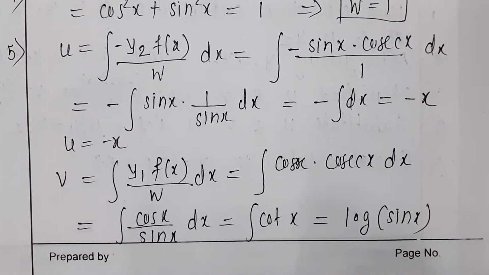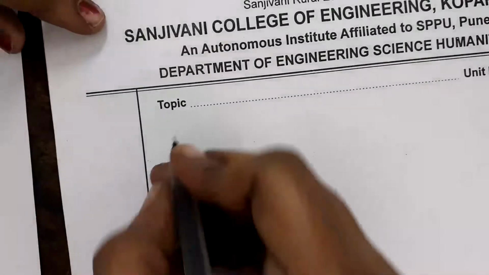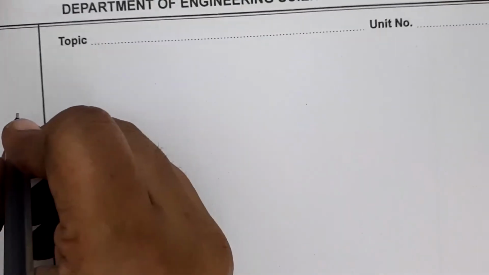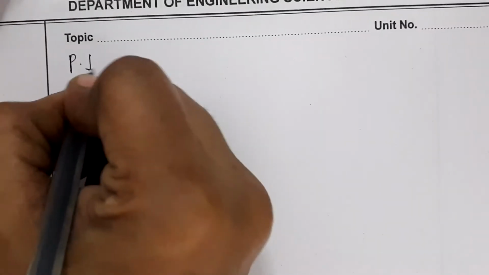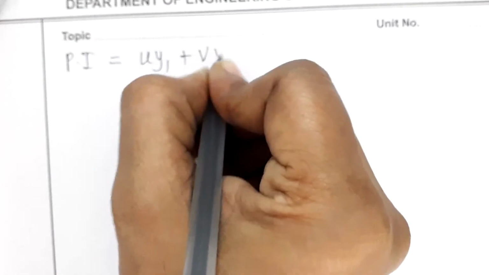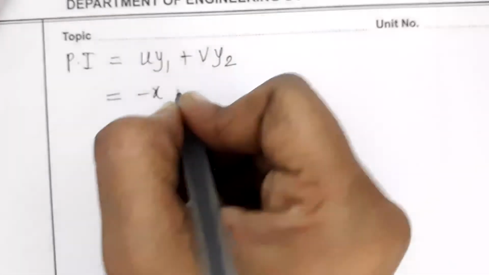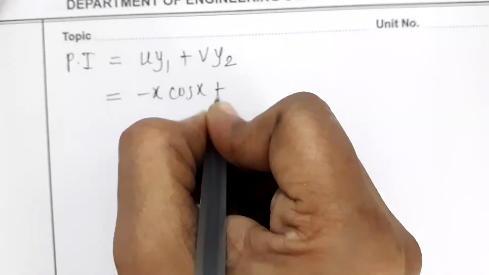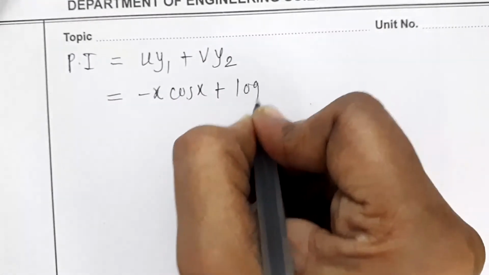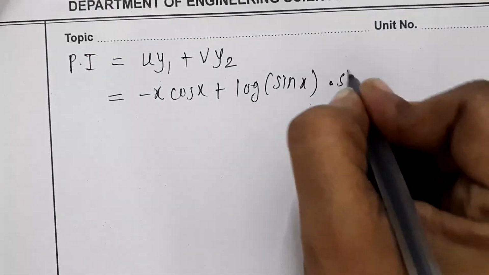Now find out PI. PI is equal to u into y1 plus v into y2. What is u? u is minus x into y1, cos x, plus v is log of sin x multiplied by y2, which is sin x.